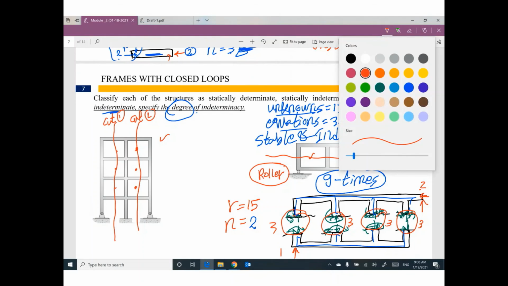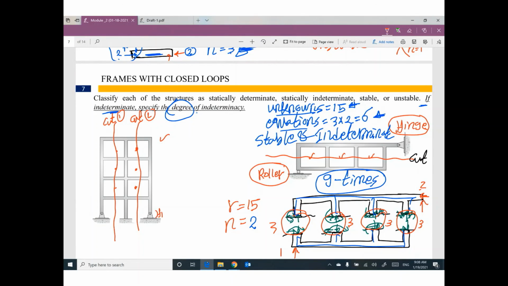Don't forget, we have here a hinge, we have fixed, we have a hinge.